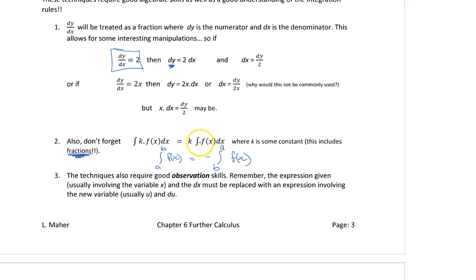We'll see that we're going to need to change the values of our limits when we're doing definite integrals. And if you find that when you change the values, you're not going from a smaller number to a bigger number, then you might swap it around and put the smaller number down here and the bigger number up there, but you will have to put a negative out the front. So, good observation skills are essential.